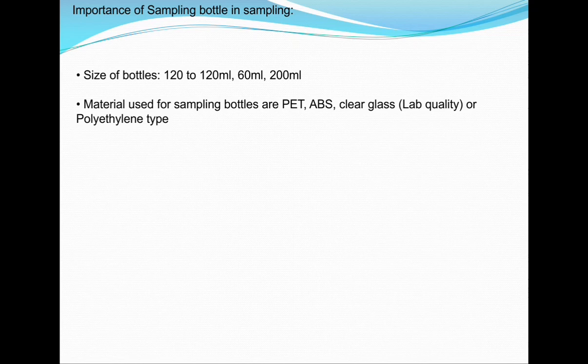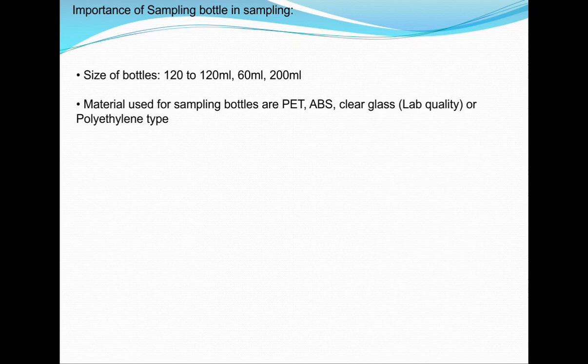Though glass bottles are easier to clean, they are more expensive and can break easily, and it is very difficult to handle them around the machine, because around the machine there are so many obstacles. You cannot carry a glass bottle and take the sample. There is a chance of breakage. So in the industries, you see PET or ABS type plastic are used very frequently.